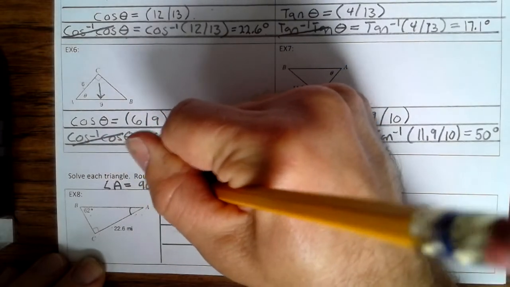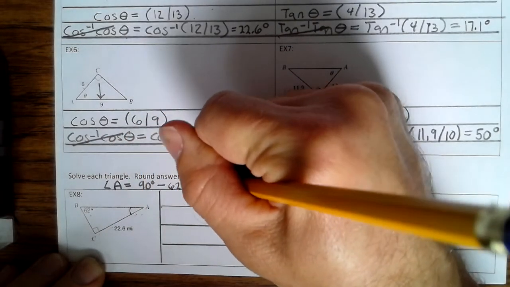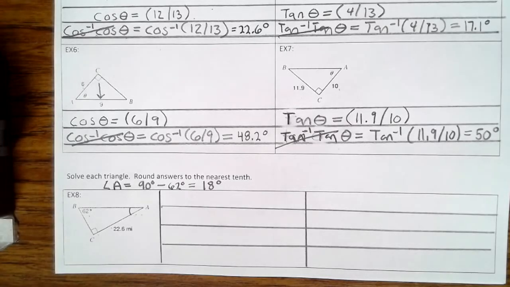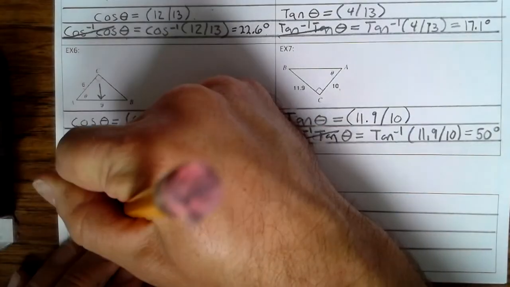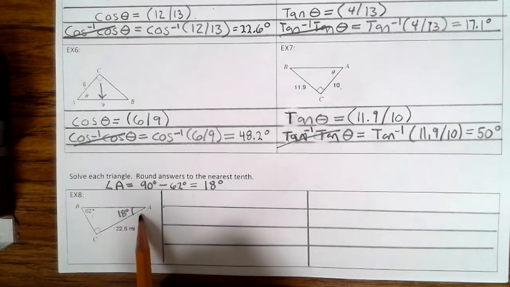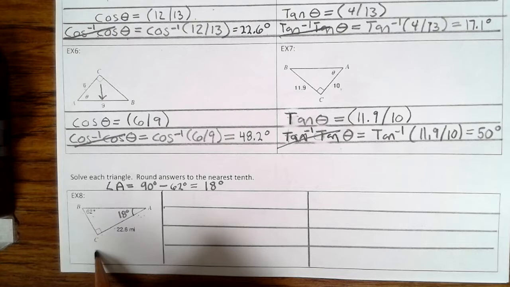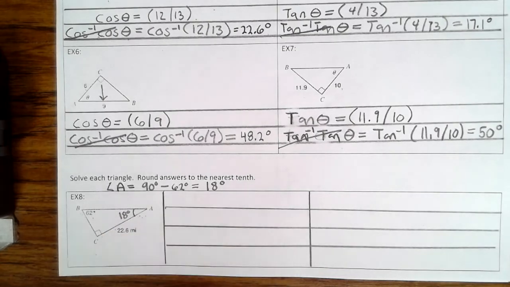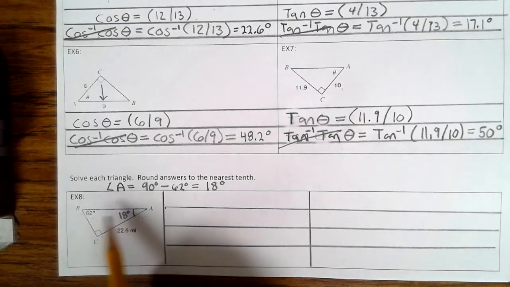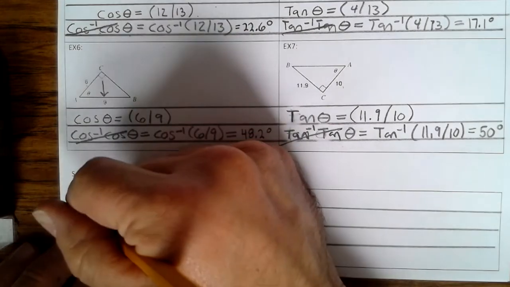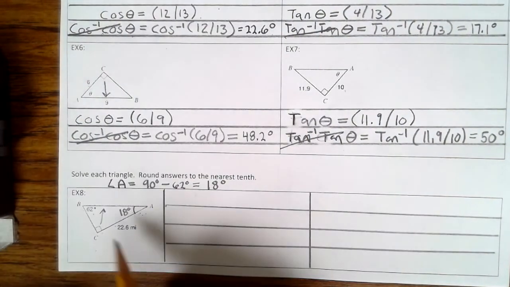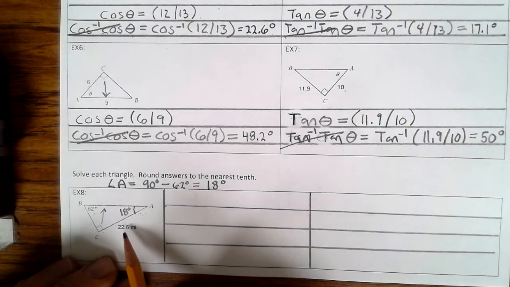Now, so we have that piece. Now we need to find BA and BC. So let's start with BA. Okay. So to find BA, we know that that's the hypotenuse. It's across from 90. So with respect to 18 degrees, this would be adjacent over hypotenuse. Okay.